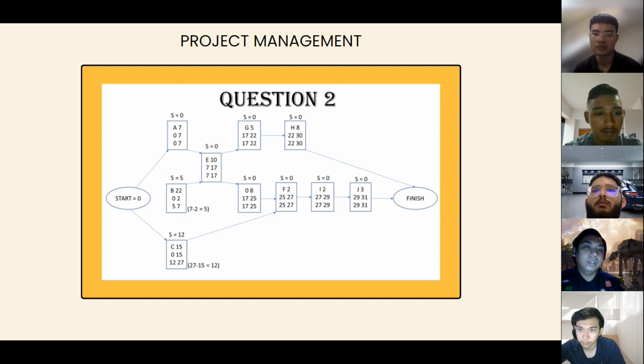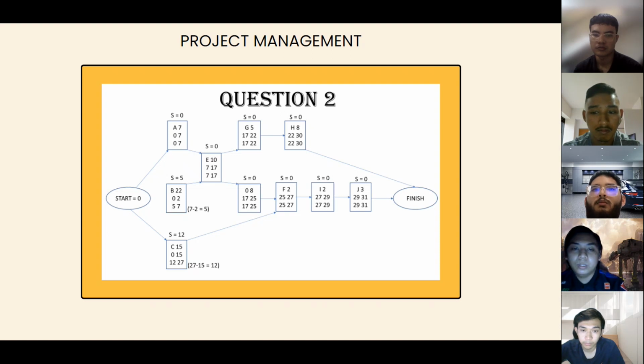So 7, from box A, you're going to minus 7 because it's already given, so it gets 0 until it gets to the start. That's for the first column. And the second column starts from J box, which is 31.